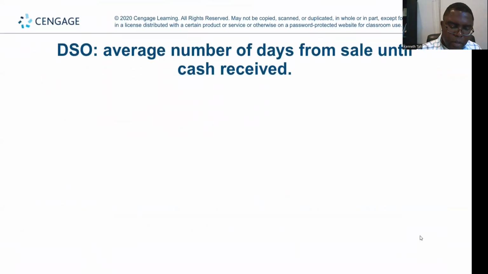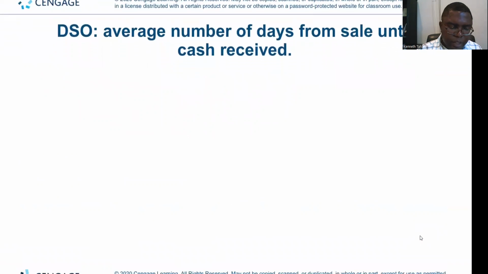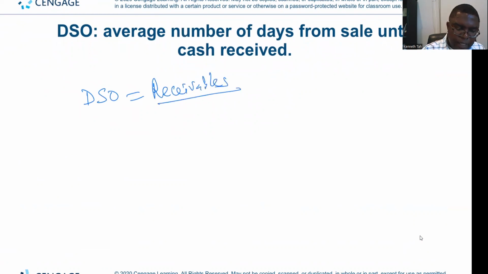All right, the second asset management ratio is what we call days sales outstanding. Days sales outstanding is the average number of days from sale until cash is received. So the days sales outstanding is equivalent to receivables divided by the average sales per day.